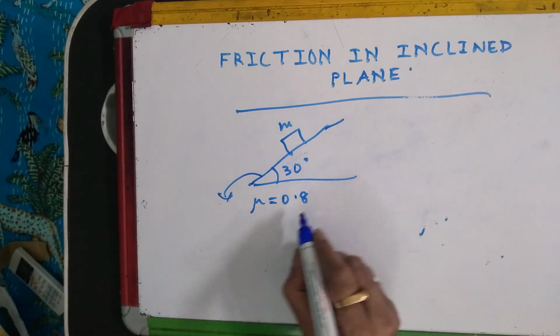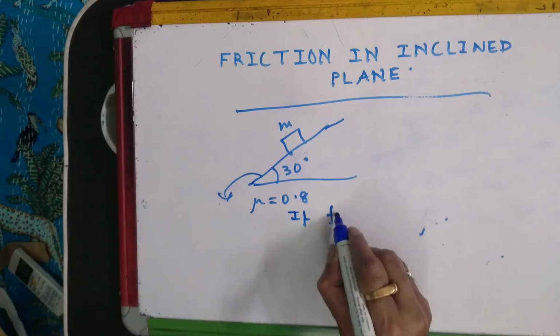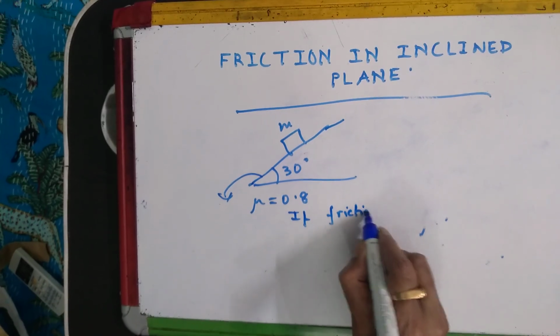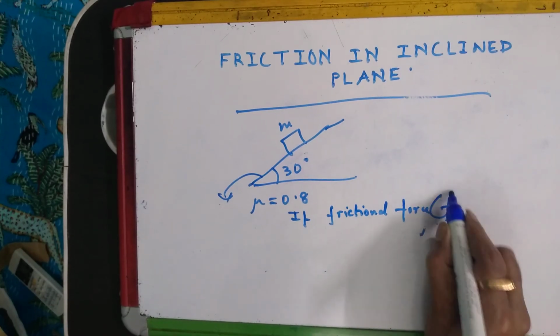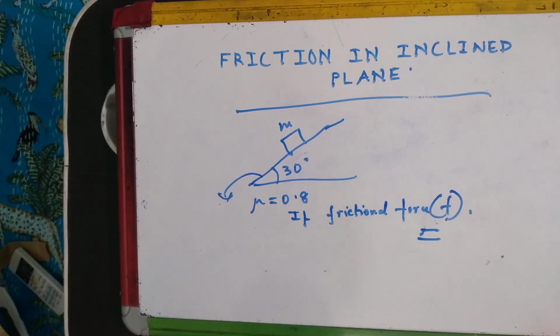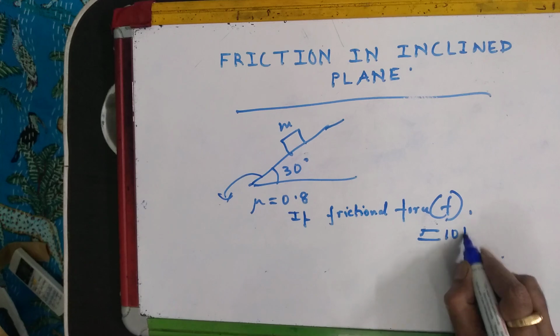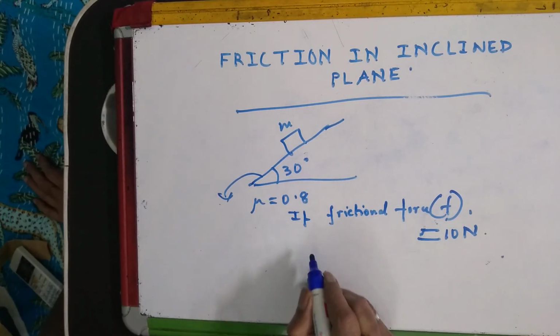The question is, if the frictional force f is equal to 10 Newton, find the mass of the block.